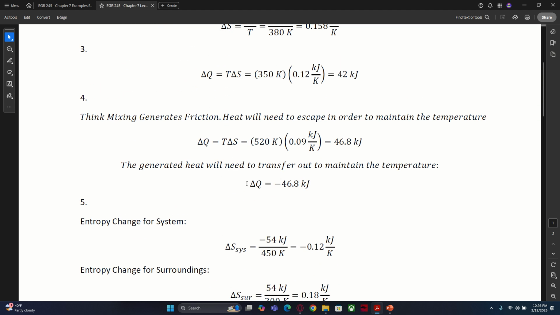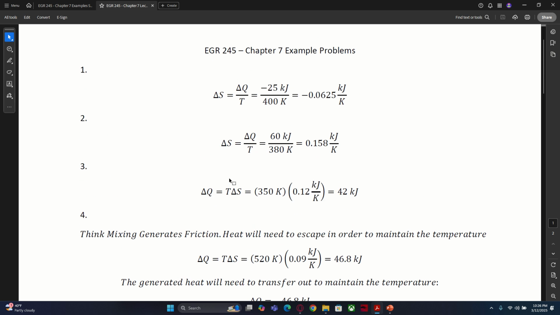Understanding the direction of heat transfer. For example, if the heat transfers into a system, we make that positive. If the heat transfers out of a system, then our correct answer would have a negative sign. And that also affects how we calculate our entropy transfer, change in entropy.